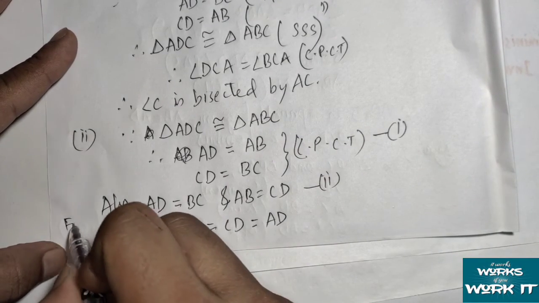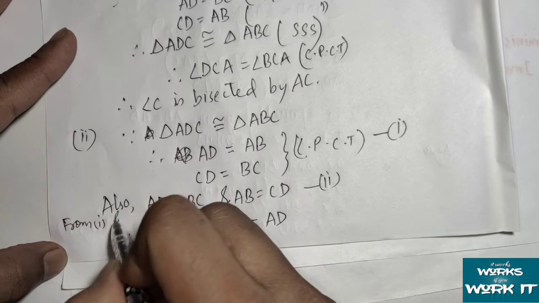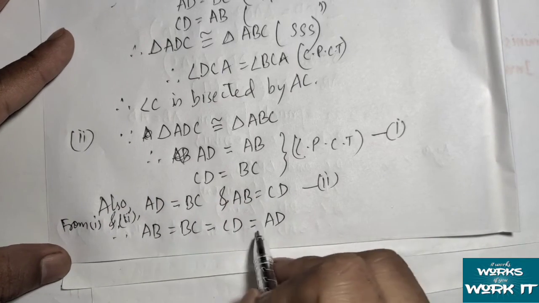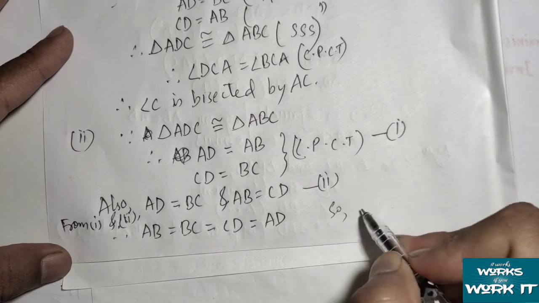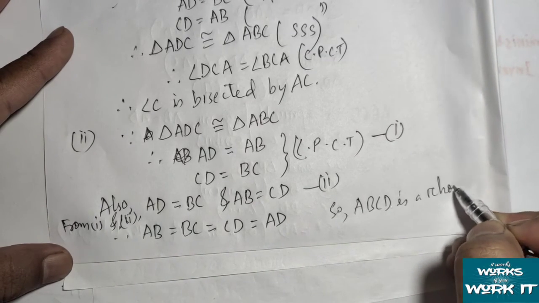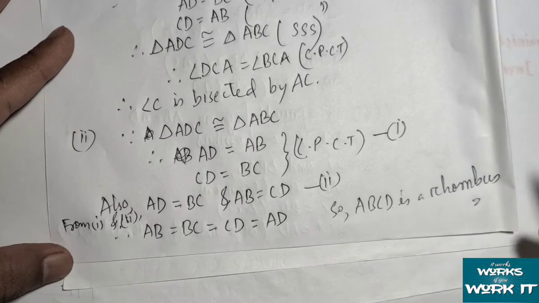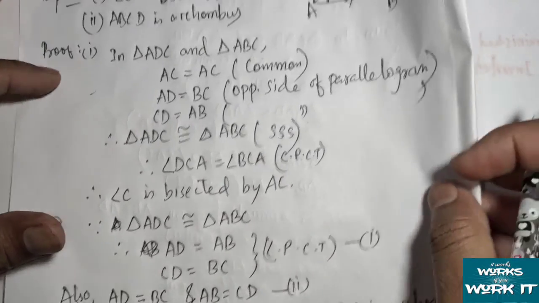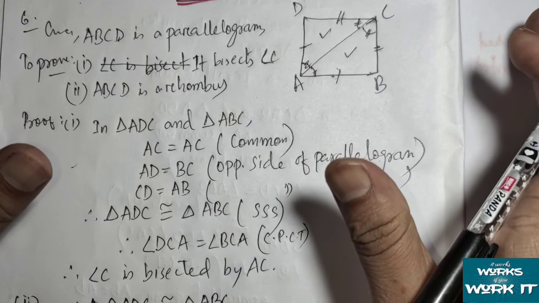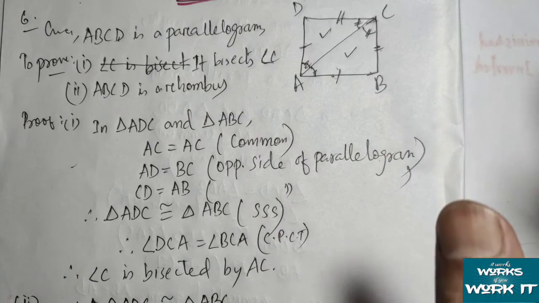So from 1 and 2, we are getting all the sides are equal, and so ABCD is a rhombus. For a rhombus only the sides matter here. Once you show all the sides are equal, everything will be equal, and then it will be a rhombus.